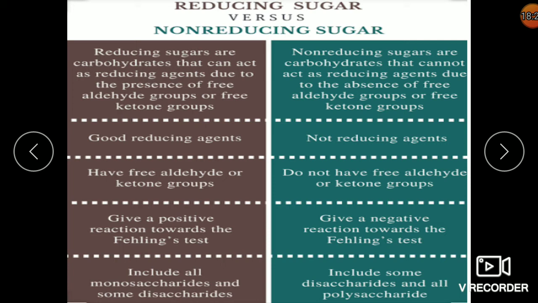The Fehling test is a reduction test, where the sugar acts as a reducing agent. So they give a positive test, and non-reducing sugars give a negative Fehling test and Tollens test. Okay. Examples: the monosaccharides and some disaccharides are reducing sugars, and non-reducing sugars are higher. That means some disaccharides and most of the polysaccharides are non-reducing sugars.